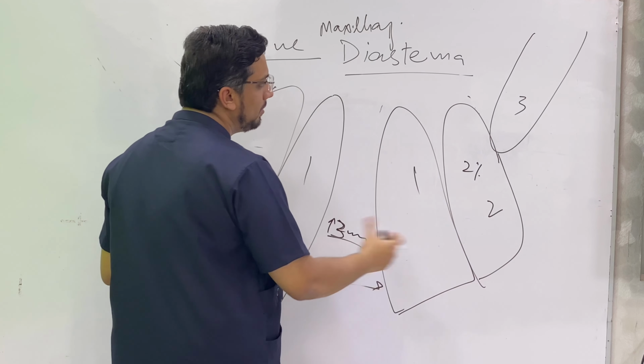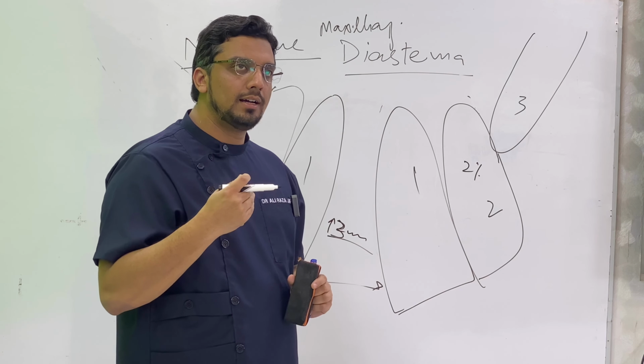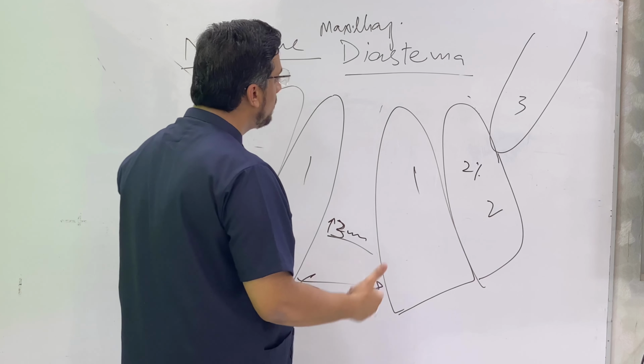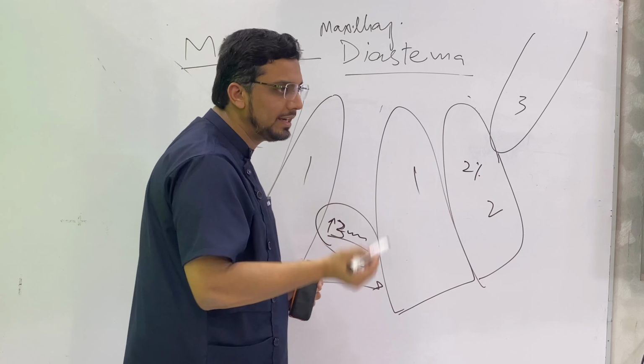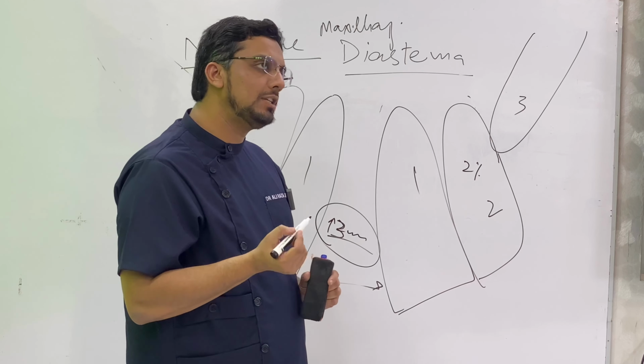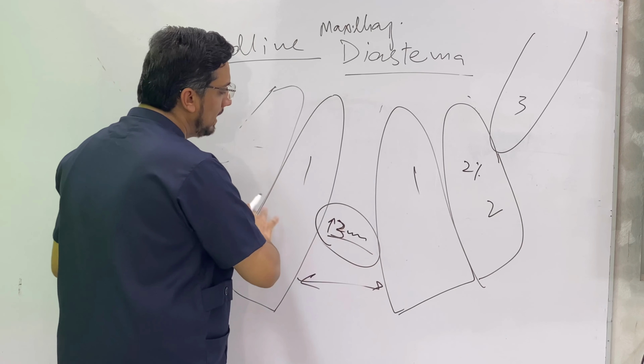At this stage, 8 to 9 years, you can identify which cases have missing lateral incisors. A gap between the central incisors of more than 3 millimeter is an alarming sign.